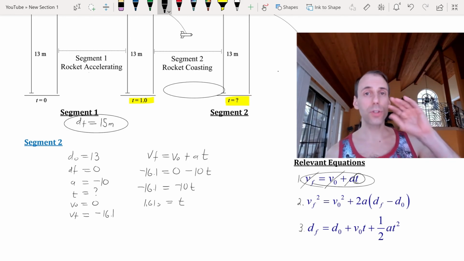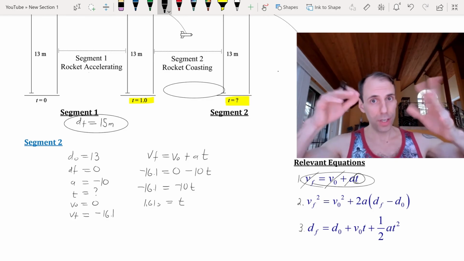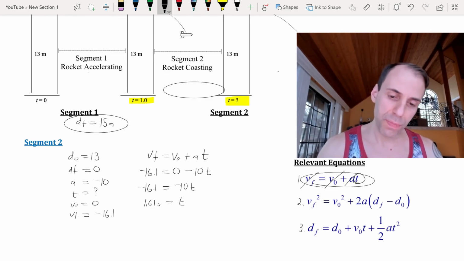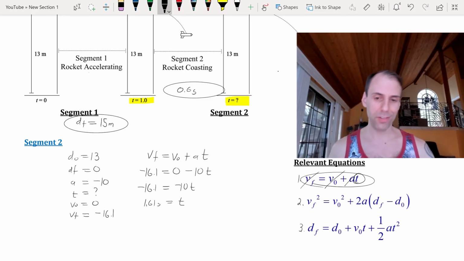So that's the total time. The total time it is traveling towards the ground, which means that the time it's traveling during this segment is, let's just round, 0.6 seconds.